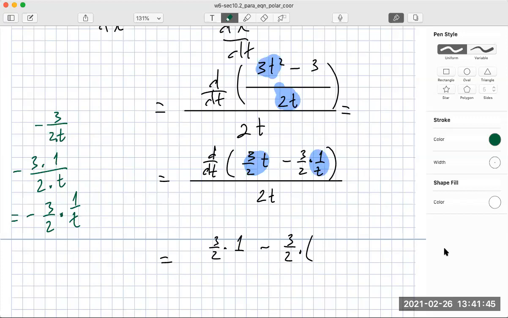For 3t squared here, divided by 2t here, t will cancel with t, which gives us 3t over 2, right? Is that okay?